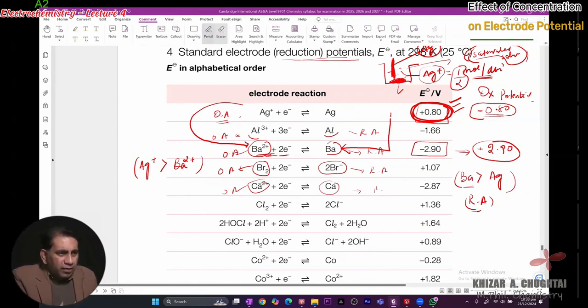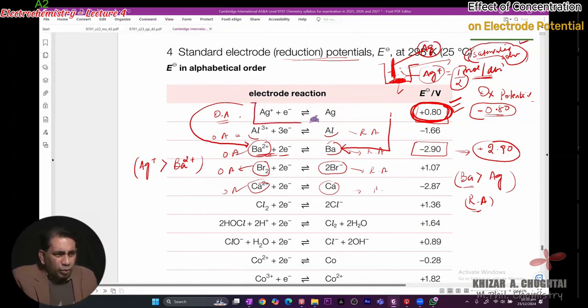This beaker has 1 mole per dm cube silver ion, right? If I decrease this concentration from 1 to half, this is a sign of reversibility. This is a reversible reaction.